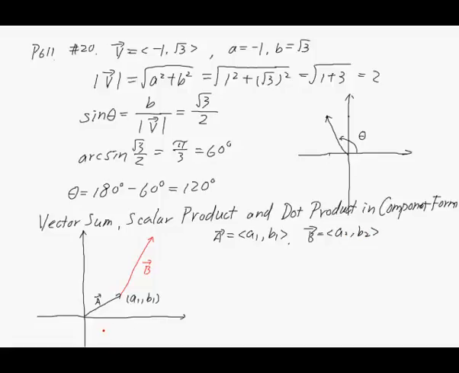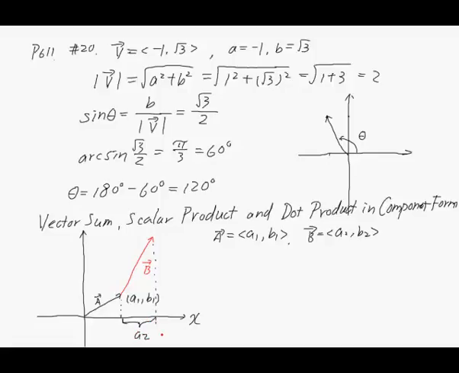So that means if I draw the two altitudes from these two points to the x-axis, then this is the A2.